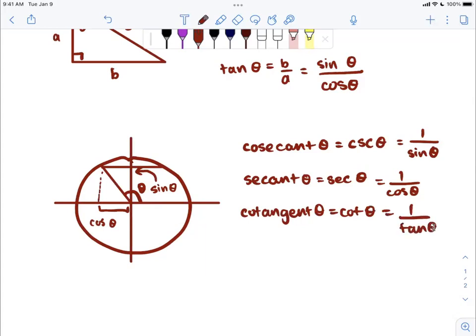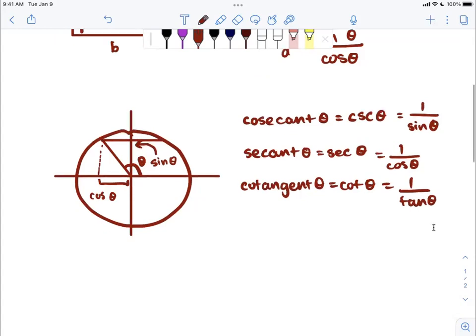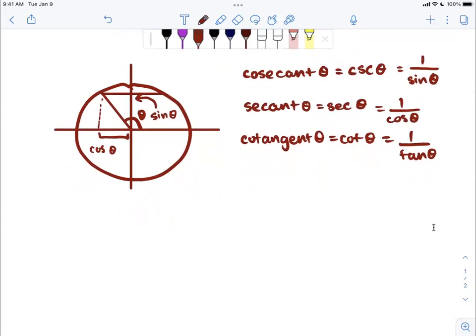And finally, we have inverse functions to all of these. I'll only go with the main three. So we have arc sine or sine inverse. What an inverse function does is you have the value of sine theta, and you want to get back theta. So the inverse undoes the operation.